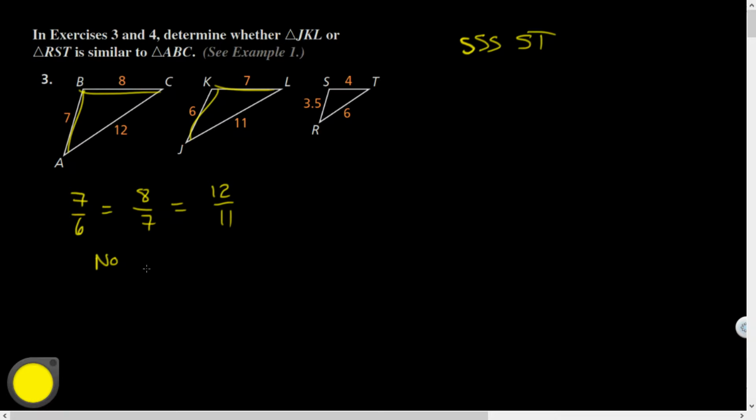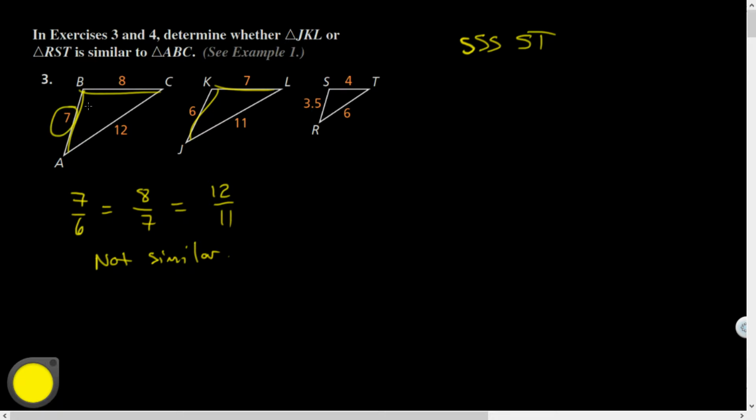Question, comment? Okay. Right now, yeah. And then I'll compare it to this one in a moment. So those two are not similar. Okay.